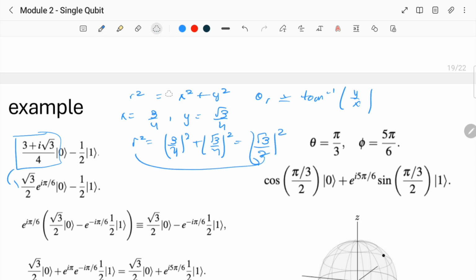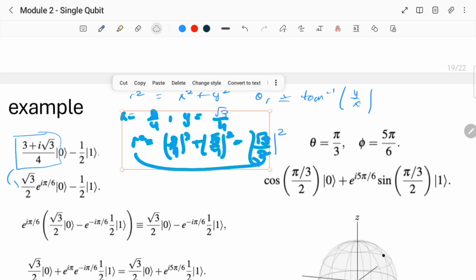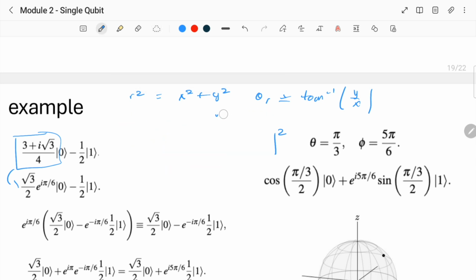Now for theta, we have y over x, so our y is root 3 by 4 and our x is 3 by 4. We get 1 by root 3, and when we take the tan inverse of this 1 by root 3, we'll get pi by 6.